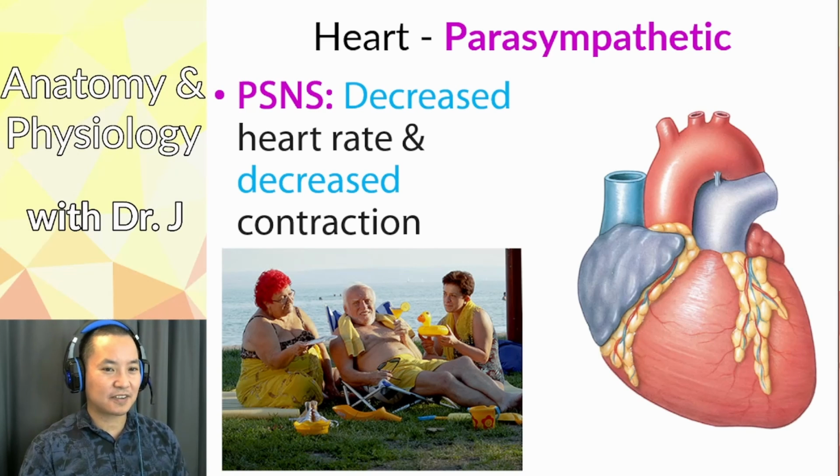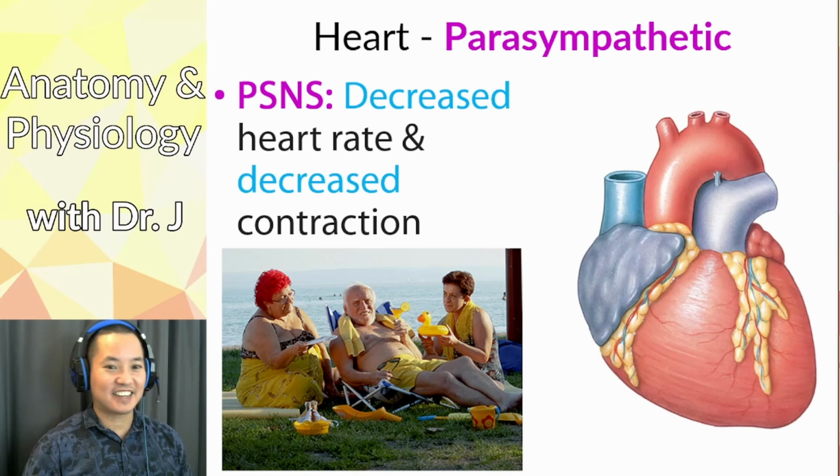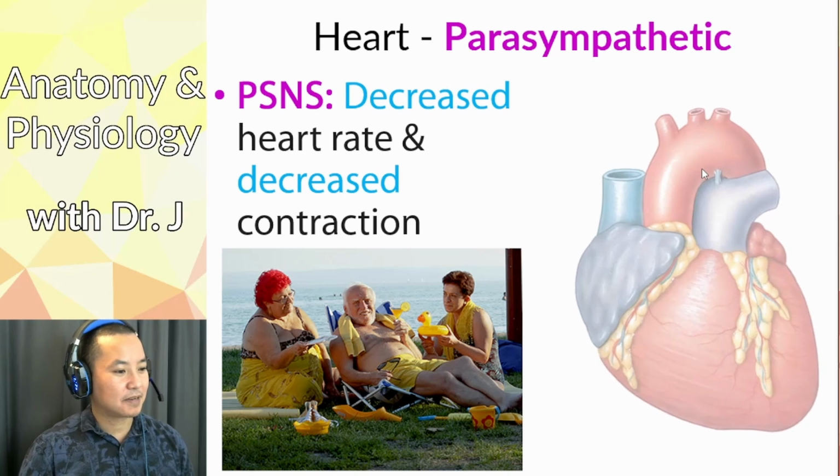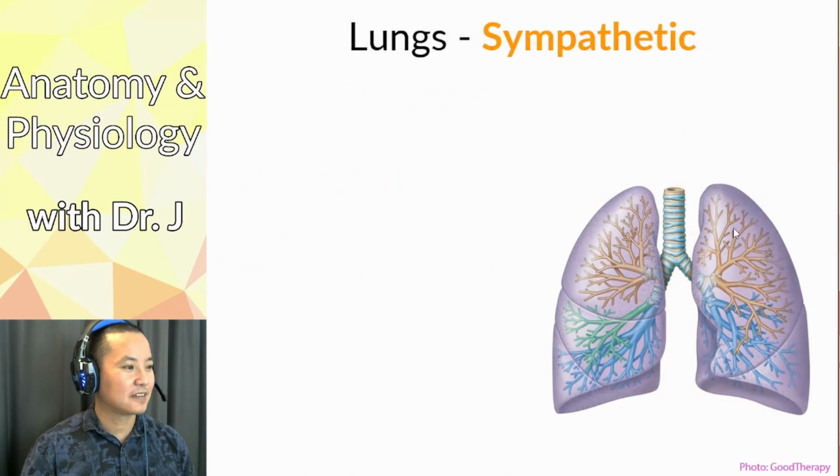Say you're jogging around the block. Do you want your heart to continually beat fast as you're just trying to relax and go to bed later on? No, right? So you want your parasympathetic to take over to give your heart a break because you don't need that increased activity as much. So parasympathetic is going to slow it, and we cover this in more detail next semester.